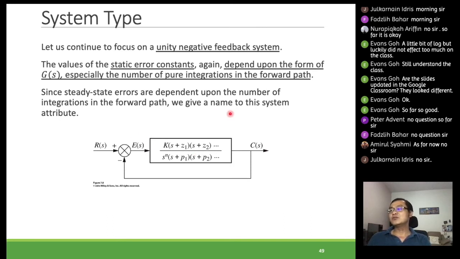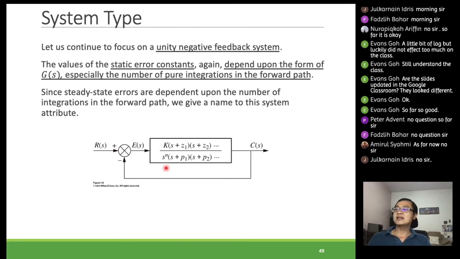So here we will give the name of the system depending on the integration that we have, because this plays the more important role in determining the type of response that you get. So here the integrator is important, right?